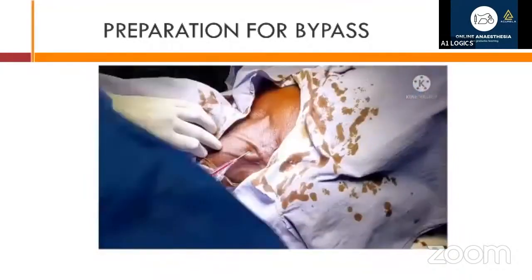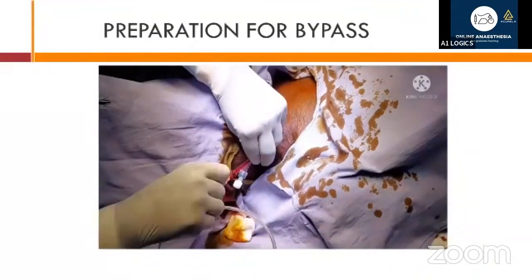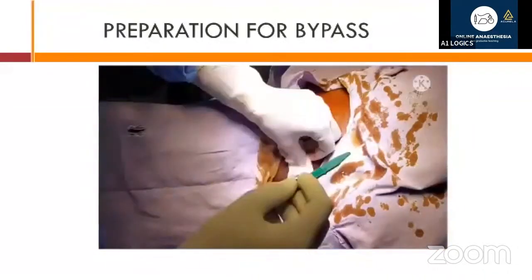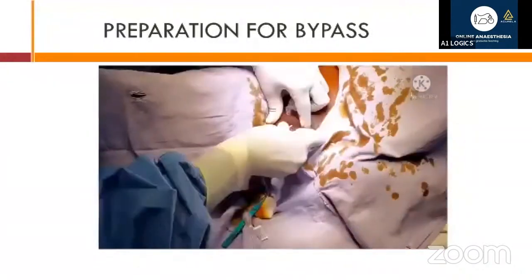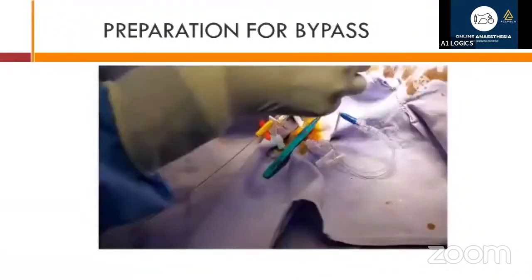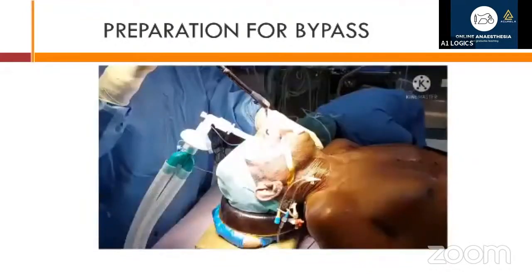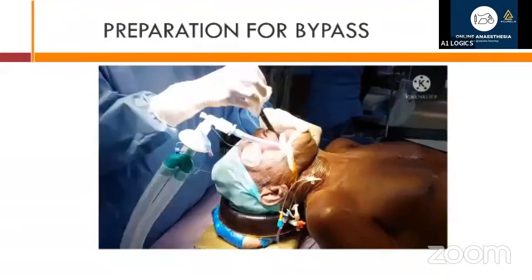After induction and intubation, we put a central venous catheter and fix it. The general thing is that the distal end of the CVP should always be connected to the transducer. And we use the blue line without a three-way connector for NTG infusions and the yellow one for inotropic support. The next one is the TEE insertion.